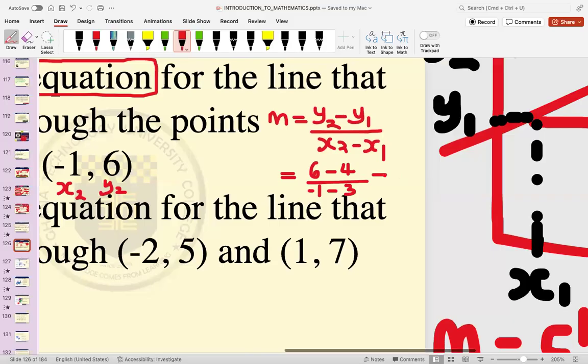So when we put this together, we have 2 divided by negative 4. 2 divided by negative 4 will give you negative 1 over 2. So we can say that the m for this first one is negative 1 over 2.